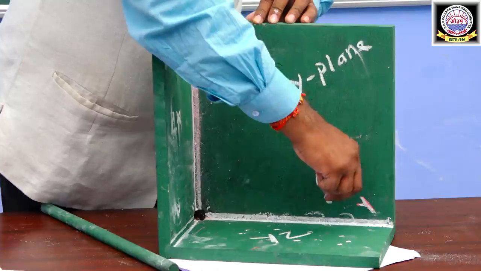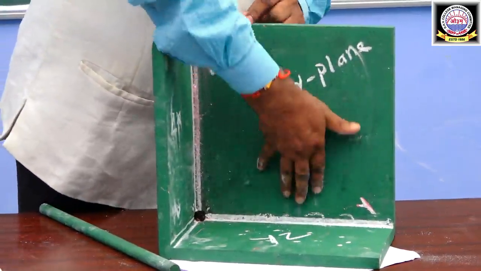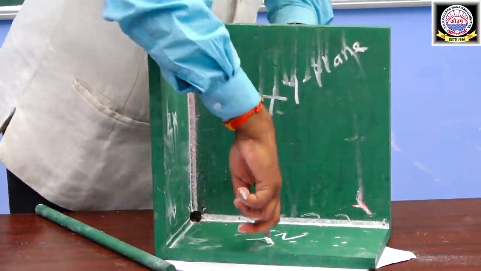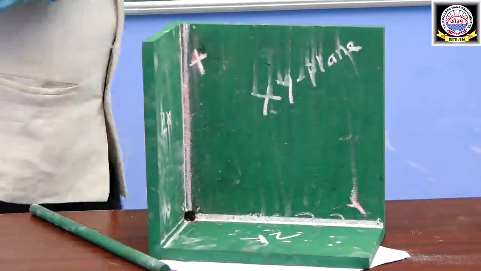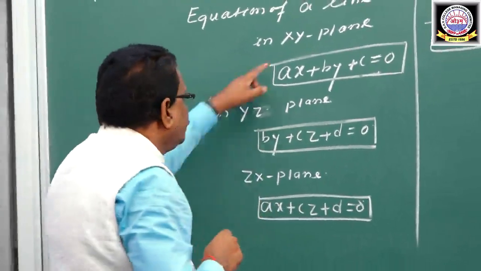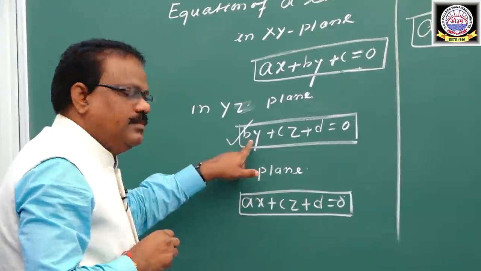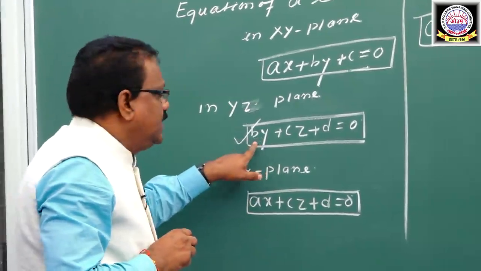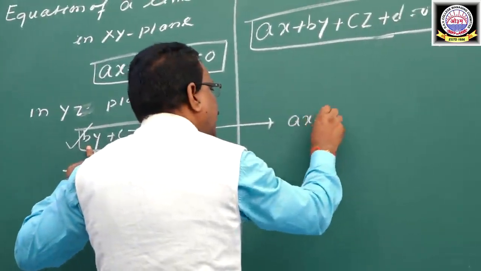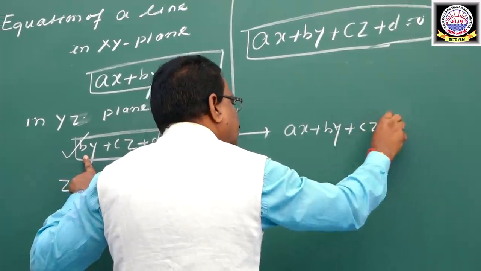If each and every point gains an x coordinate, then this type of wall will be created, and this is called a plane. So what was the equation of the line in the yz plane? It was this one. Now it has gained the x coordinate, so what will it be converted to? Giving the x coordinate, ax plus by plus cz plus d is equal to 0.